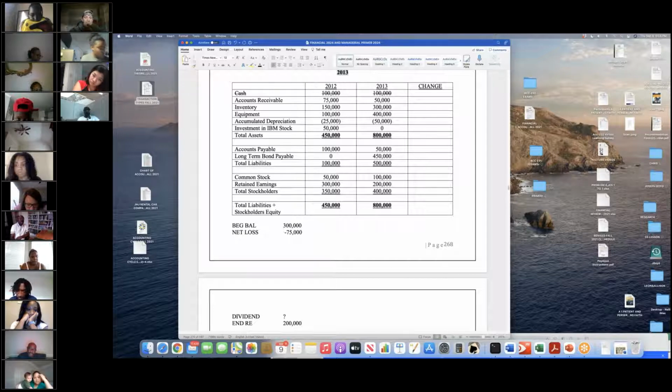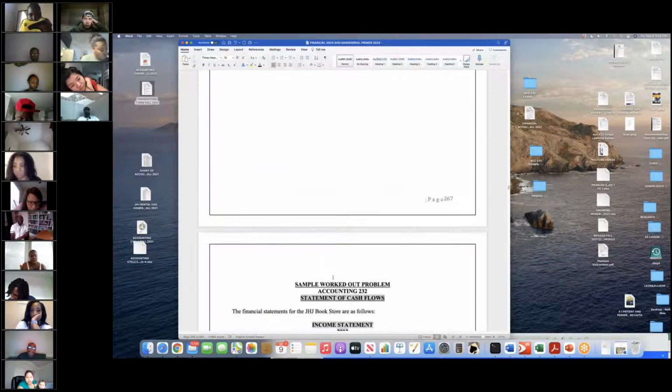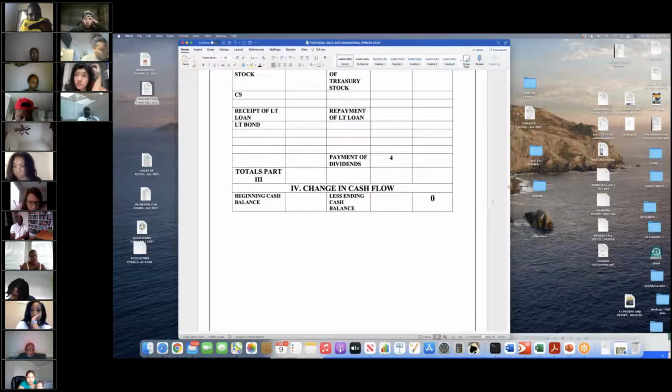So we know beginning and ending balance and the net loss. What must the dividend be? That's $25,000. We wanted you to put up the structure of the statement of retained earnings so you could pull it out. So with that, we have our dividend.